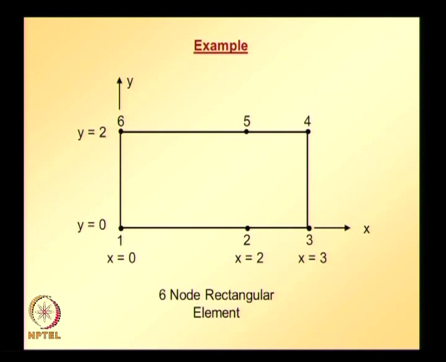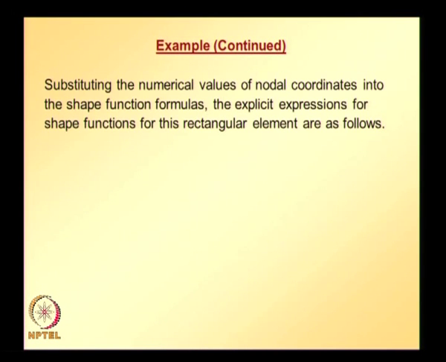So, with all this information what we can do is plug in these coordinates of these nodes into the expressions that we have for shape functions n1 to n6, and we can get the shape function values of all the nodes, and also we can write the trial solution substituting the numerical values of nodal coordinates into the shape function formulas.